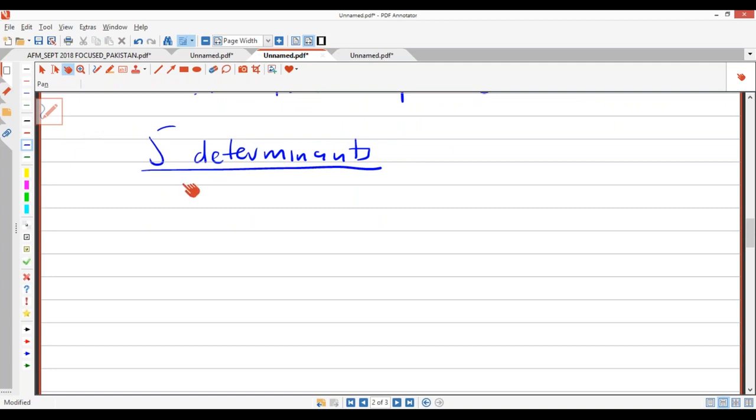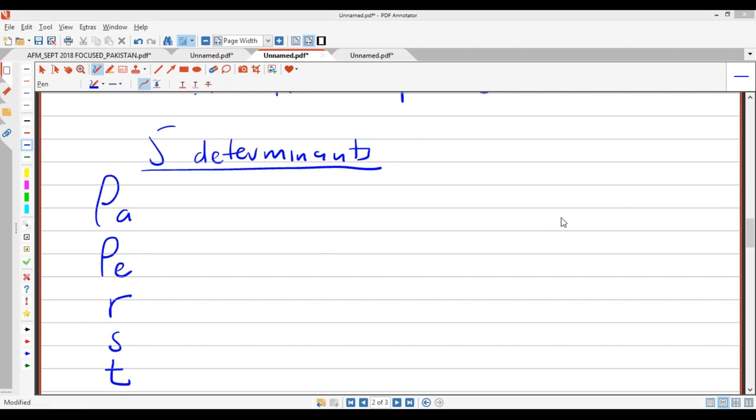Just put PA, RST. These are the 5 determinants. What is the easiest one to put in is obviously your RF.